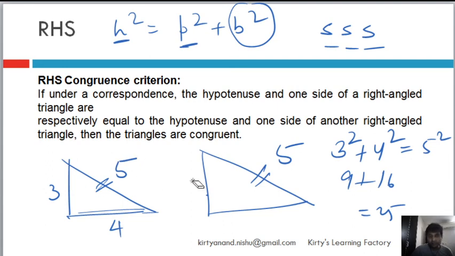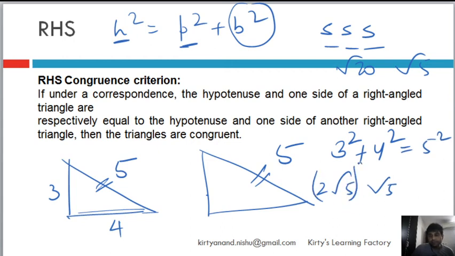Now the only thing which I know is that the hypotenuse is equal. I can also say that root 20 and root 5. So one side can be root 5 and the other side can be root 20, which basically is 2 root 5. Yeah, this square plus this square is also 5 square. So this basically is 20 and this is 5.